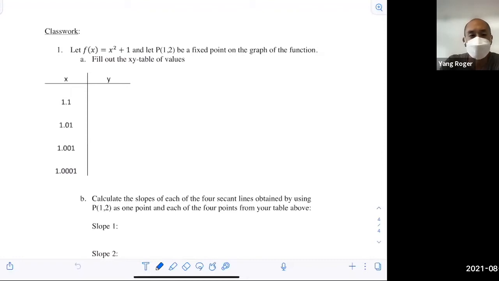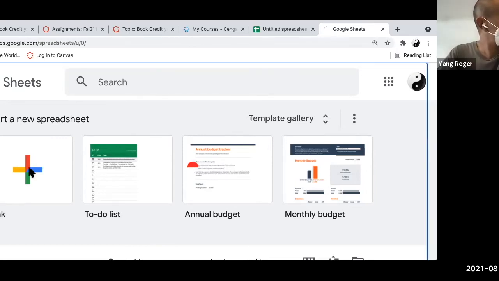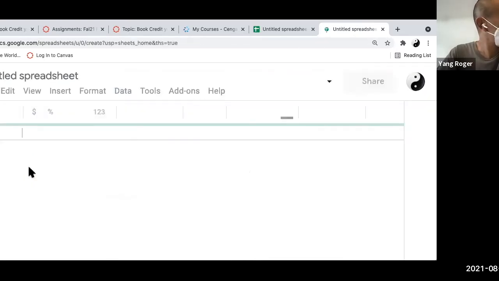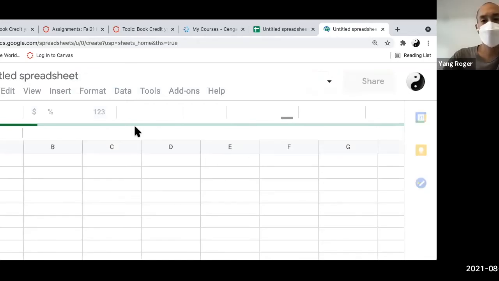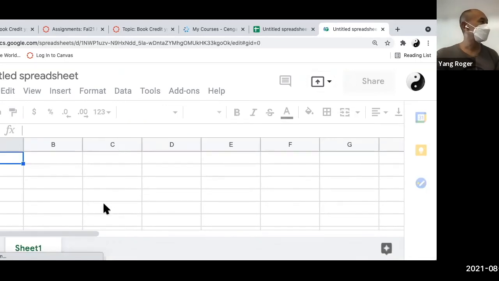Hold on, let me just fix this one second. Let's share this Google Sheets thing. All right, cool. So we're going to open up a blank sheet like this.